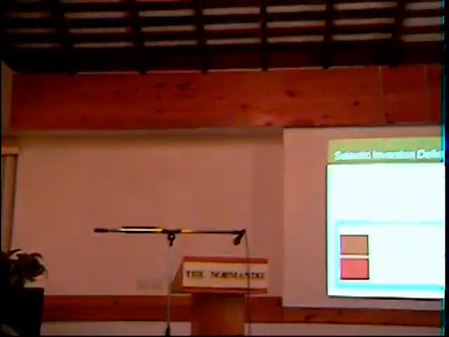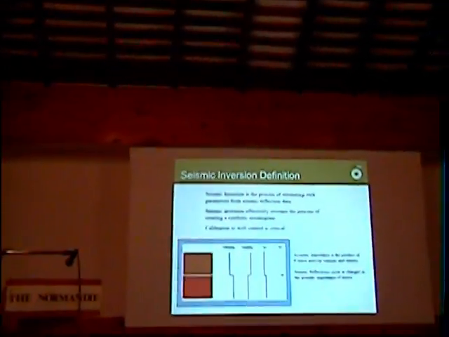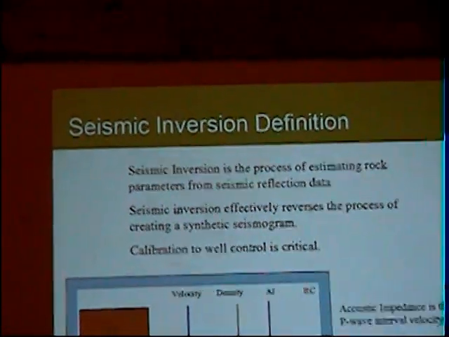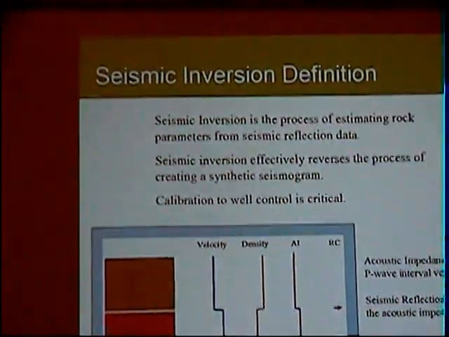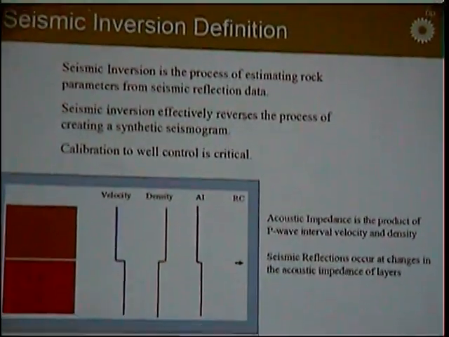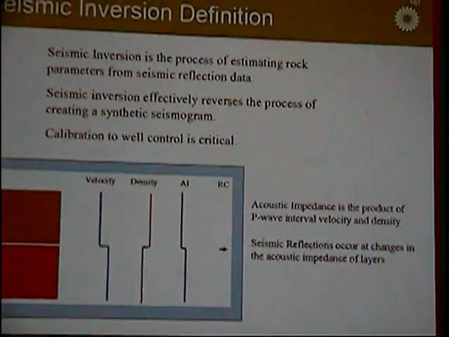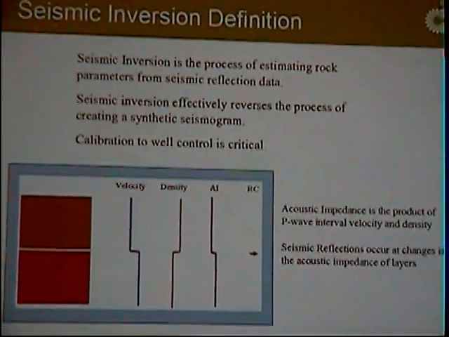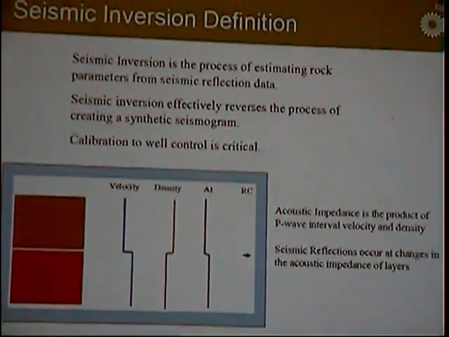And I just need to mention what acoustic impedance is. I'm sure most of you would know what it is, but it's just the product of velocity and density. So that's where the word impedance comes from. And when you look at reflectivity data, you're talking about the contrast in acoustic impedance. When we talk about inverted data, impedance data, you're trying to understand what those layers are telling you.